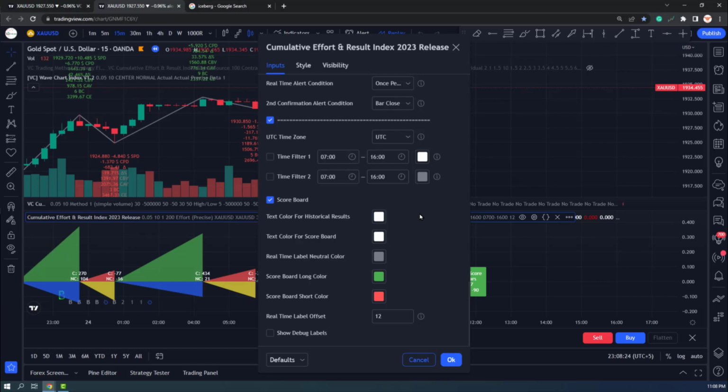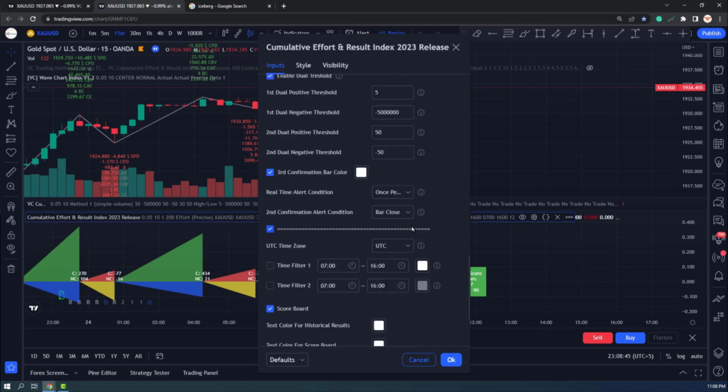So to avoid alerts on that time, you can always filter based on your time preference. These are time filters. Any other inputs are not going to affect your alerts. So these are the recommended settings.